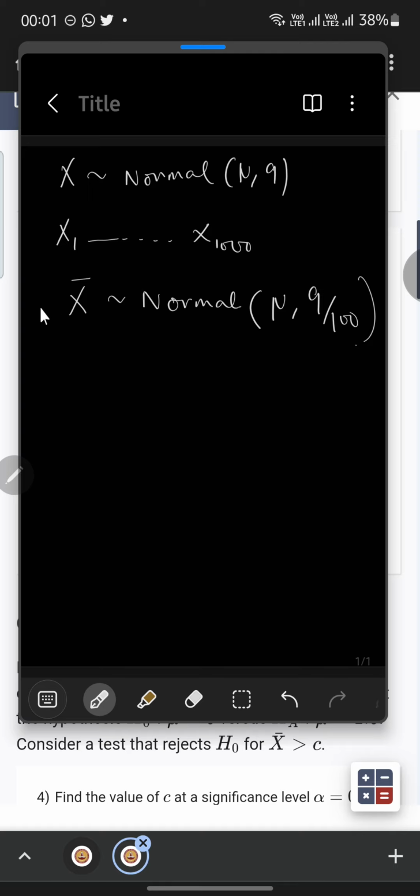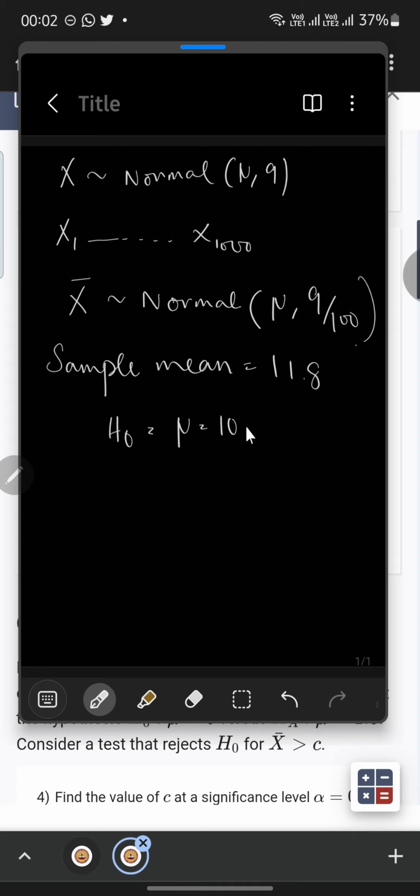The sample mean is provided in the question as 11.8. It's also given that the null hypothesis H naught is mu equal to 10.5, and the alternative hypothesis is mu not equal to 10.5. So this is what is given in the question. I hope you are familiar with these details.